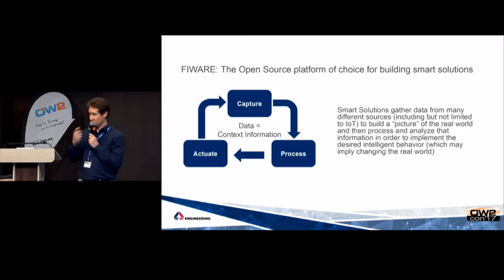The context information is the key point. And of course, there are also other components within the FIWARE platform that are able to capture data, to process and analyze data, and at the end, to provide an action into the real world.